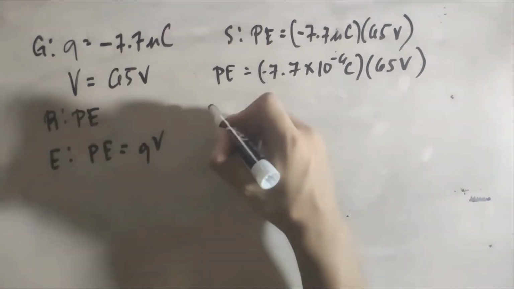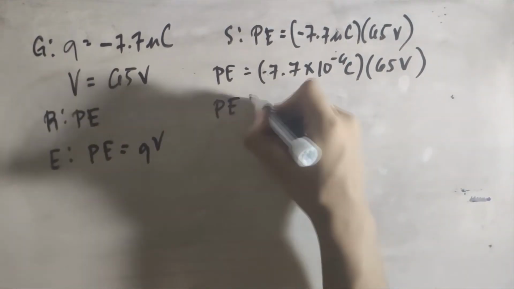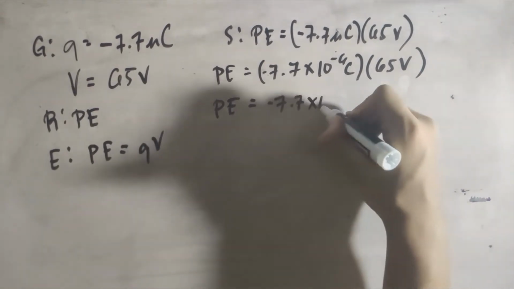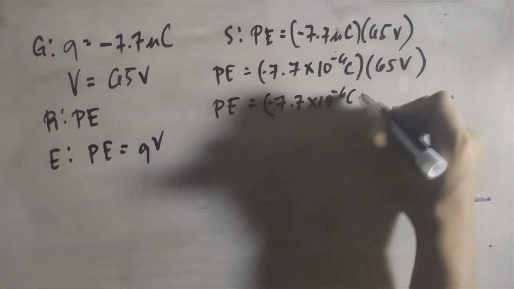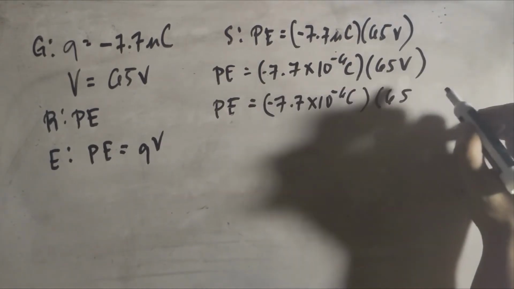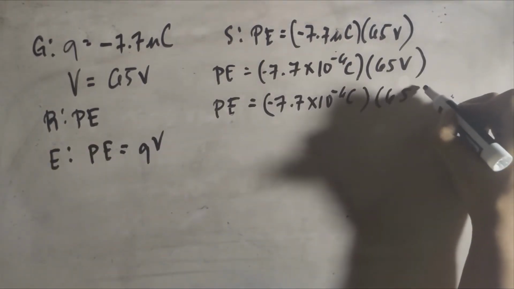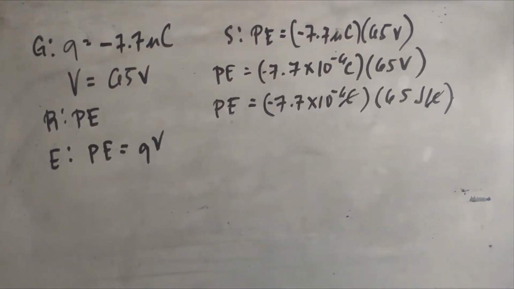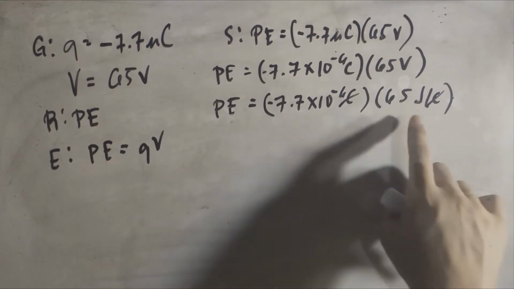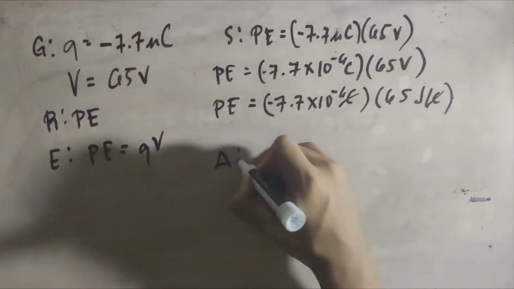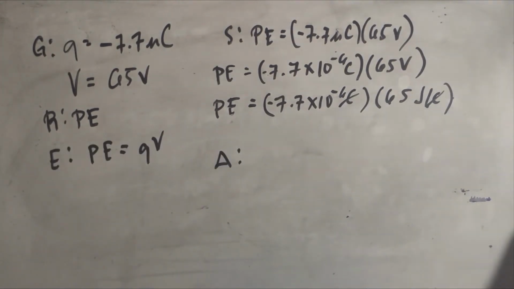So instead, we copy negative 7.7 times 10 raised to negative 6 coulombs. Then volts can also be expressed as joules per coulomb. In this case, you can cancel coulombs, and the remaining unit is joules.